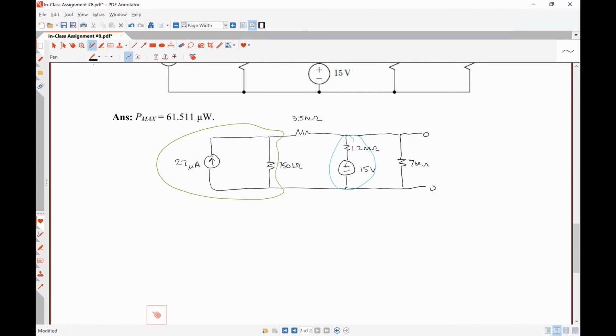You can multiply the 27 microamps times the 750 kilo ohm to have a voltage source with positive polarity up.